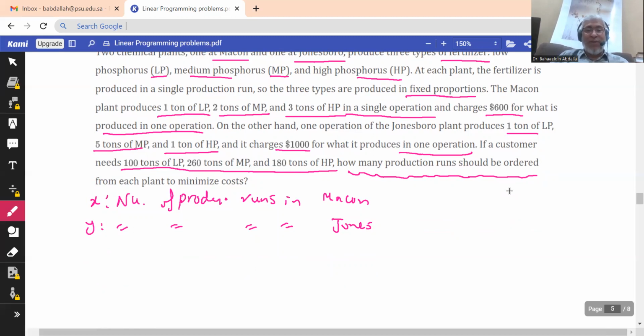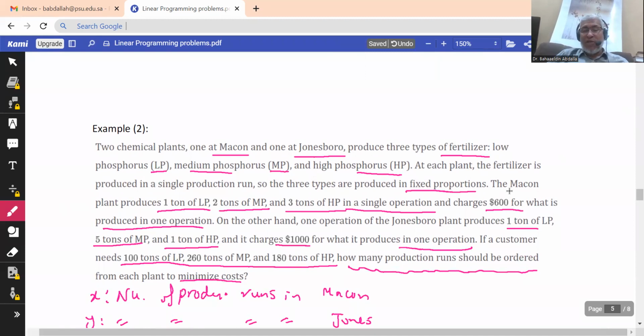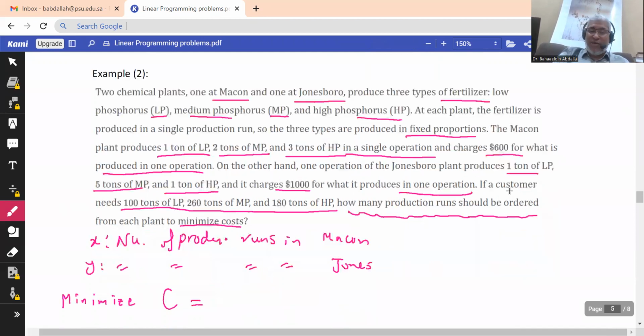Always follow the steps. I need to write the objective function. What do we need to do? We need to minimize or maximize? I need to minimize the cost. So what is the cost? A single operation in Macon charges $600.